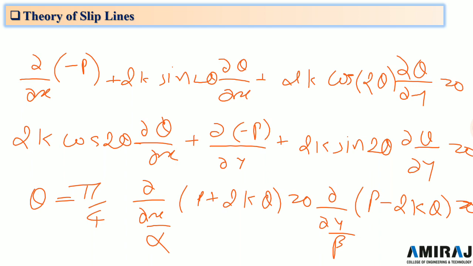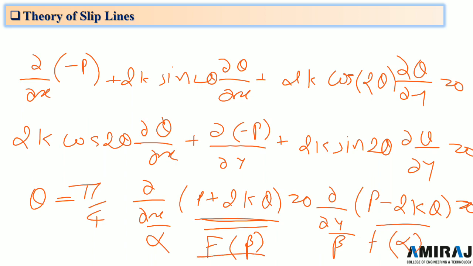The right hand side of the equation is 0, which means the expression p plus 2k theta is not a function of alpha, but it may be a function of beta. Similarly, from the other equation we get that p minus 2k theta is constant with respect to beta. So the equations may therefore be rewritten as: p plus 2k theta is a function of beta, while p minus 2k theta is a function of alpha, and that is constant along the alpha line and this is constant along the beta line.